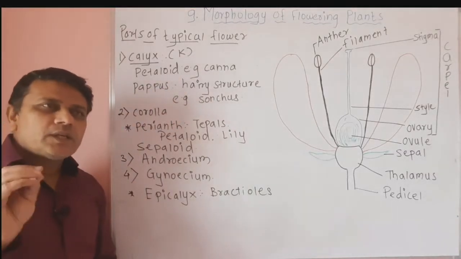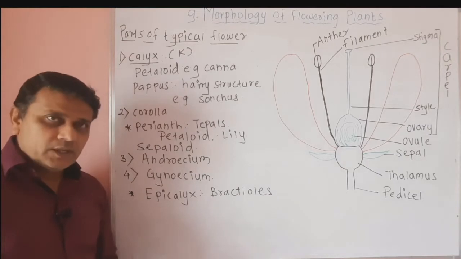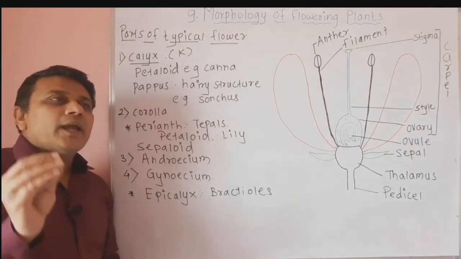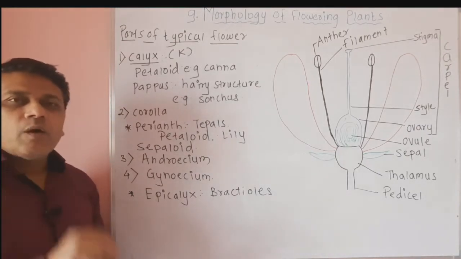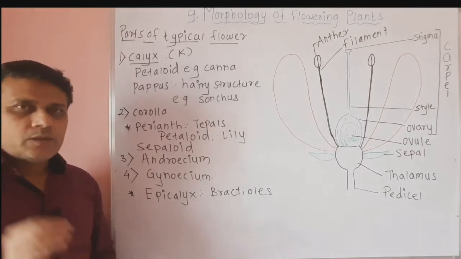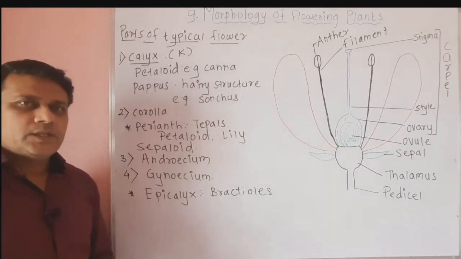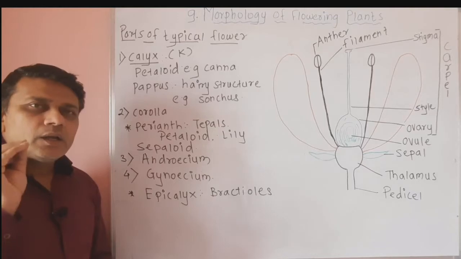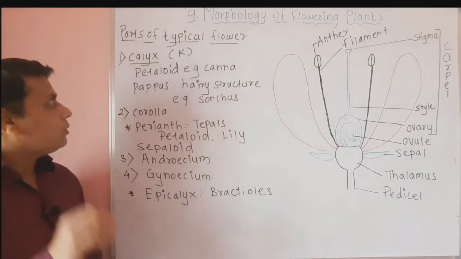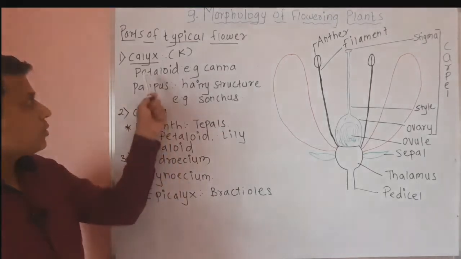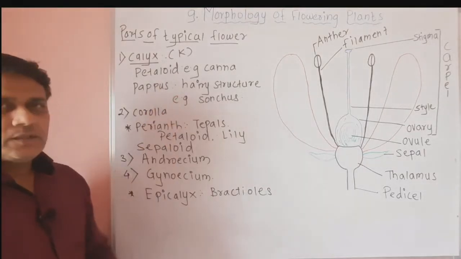Petal-like means it is bright and attractive in color and it will carry the function of attraction of insects for the process of pollination. So such colored calyx or sepals is called as petaloid calyx.